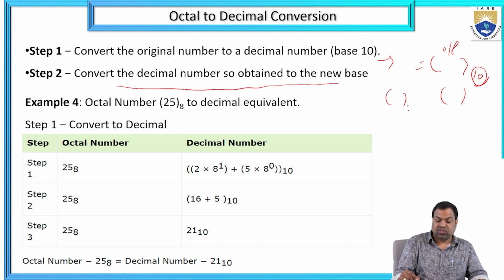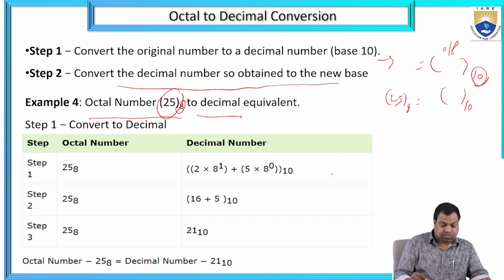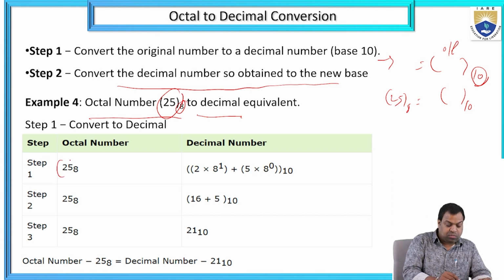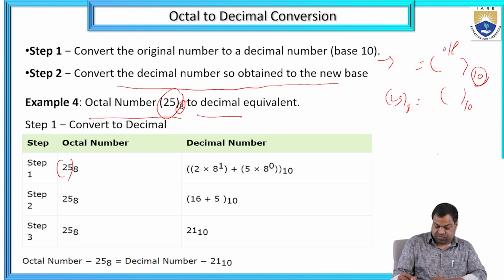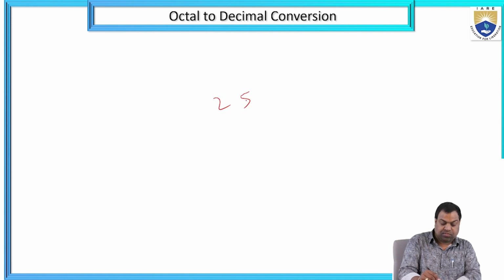So what is the radix you have to take? You have to convert to decimal. Here I am taking one example, octal number 25 base 8 to decimal equivalent. 25 base 8 to 10. So 25 base 8 means 8 power 0, 8 power 1.